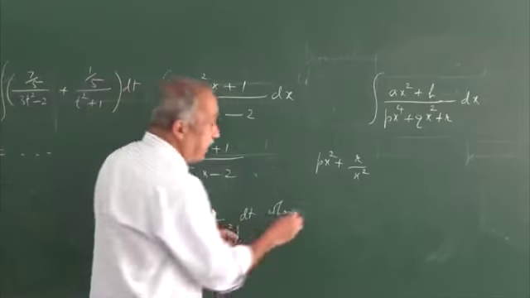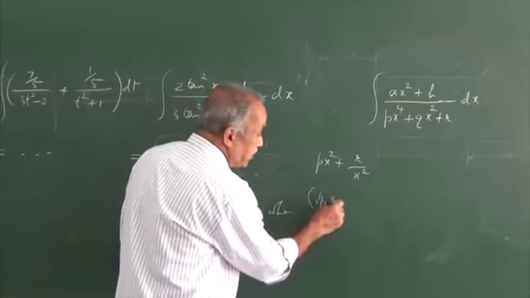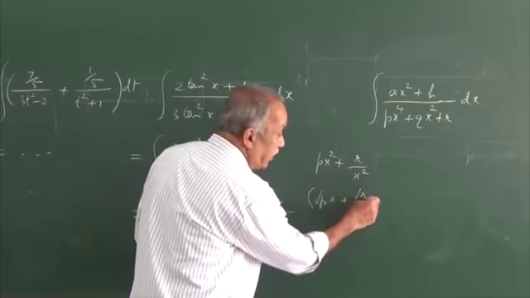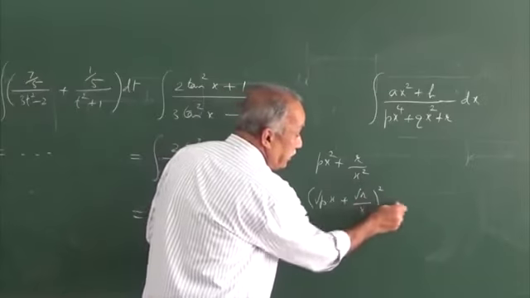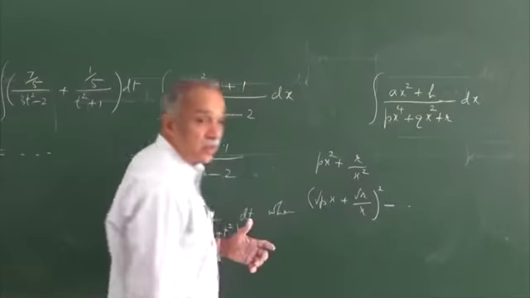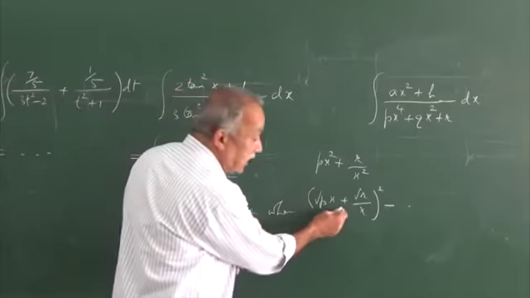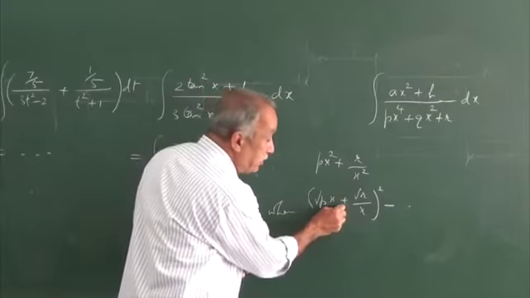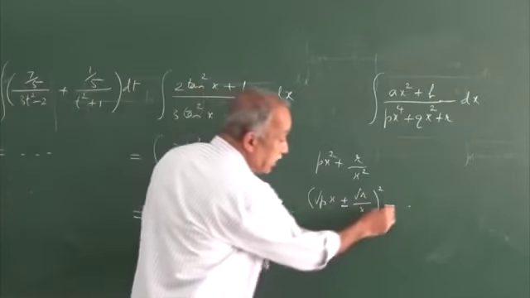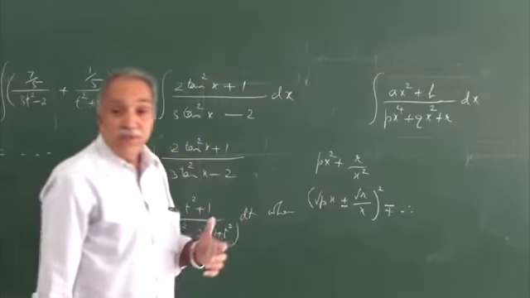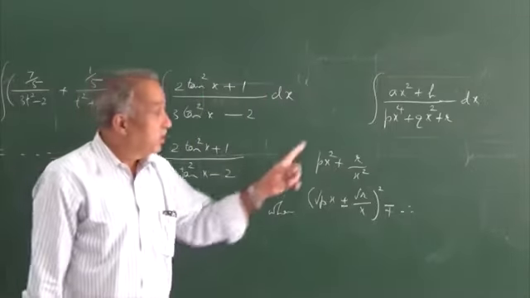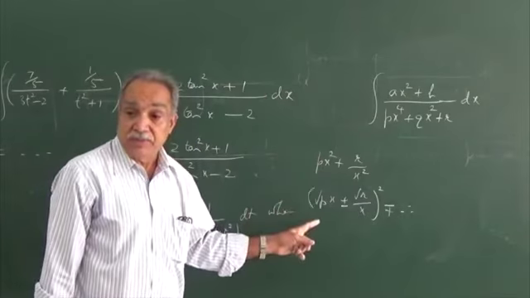You can write it as (√p x + √r/x)² minus something. You can also write it as (√p x − √r/x)² plus something. In either of the two ways, the denominator is expressible.